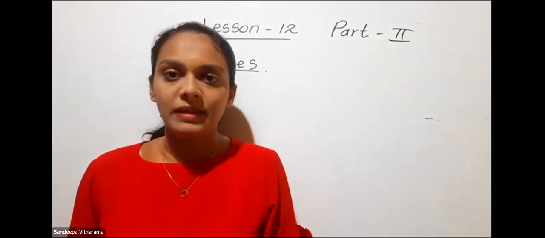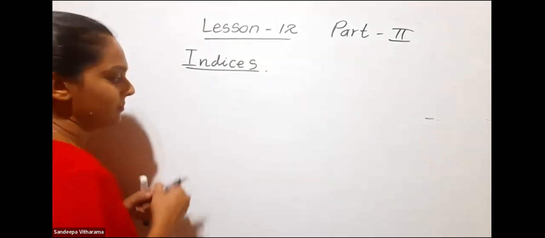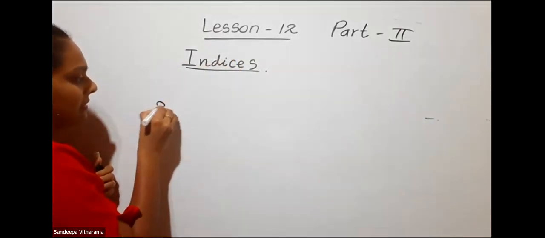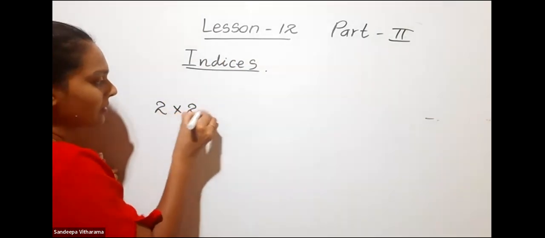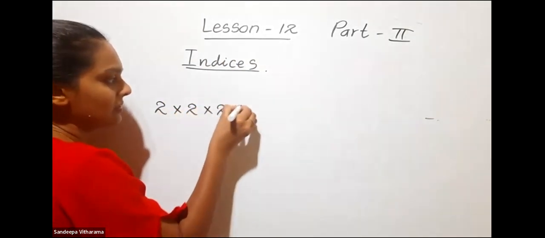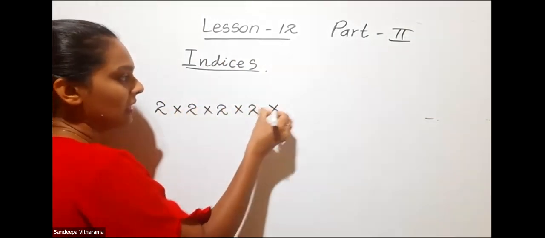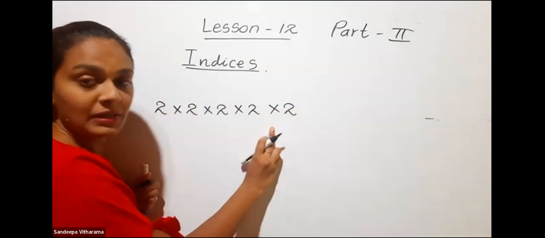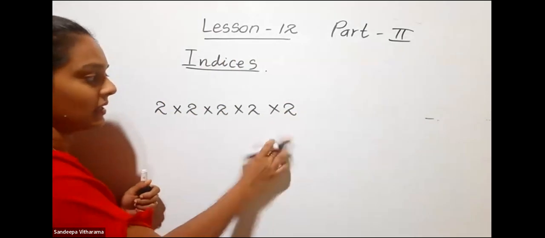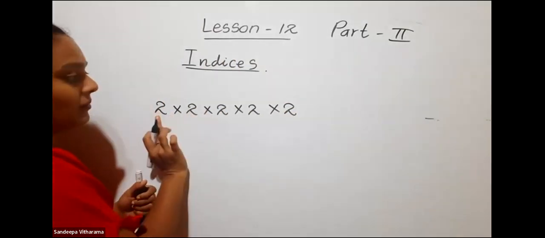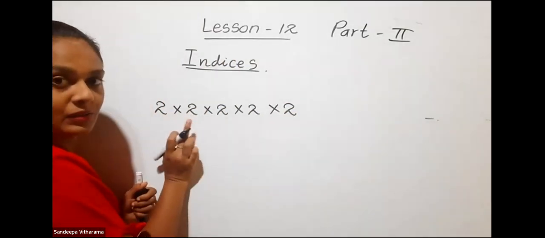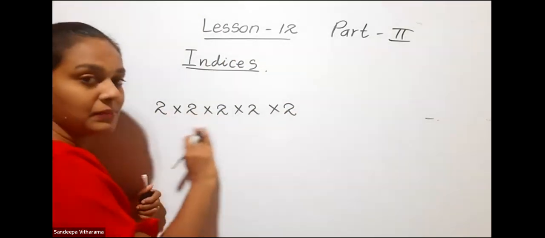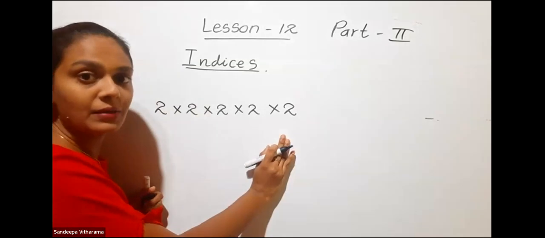You may think that here I want to express I multiply 2 repeatedly. This word is very important. I multiply 2 repeatedly. How many times? 5 times. 1, 2, 3, 4, 5.